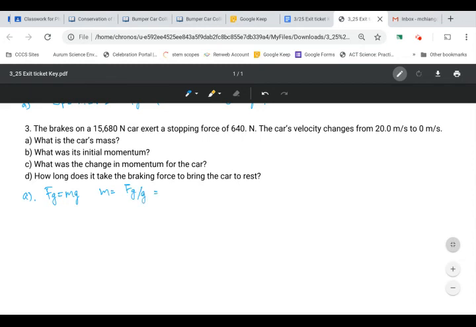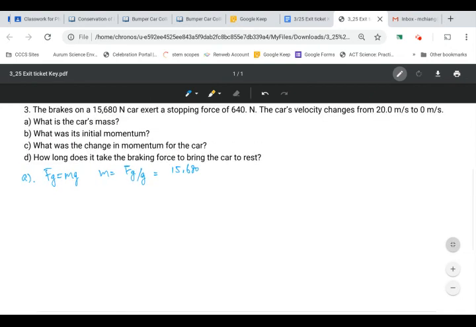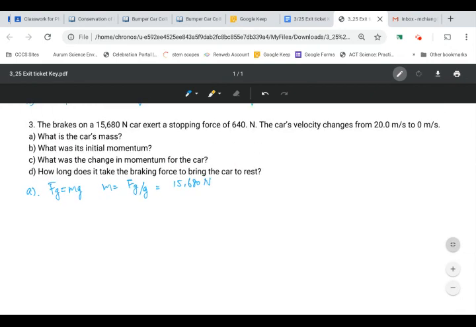Your Fg, gravitational force, is the weight of the car, 15,680 Newton, divided by gravity, 9.81 meters per second squared. All right, so we got 15,680 divided by 9.81 equals 1,598.4 kilograms. Or you put 1598, that is fine.